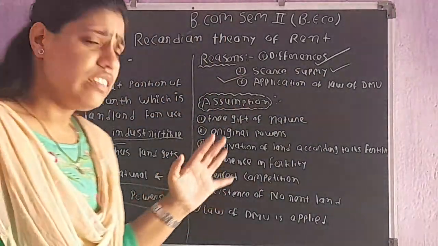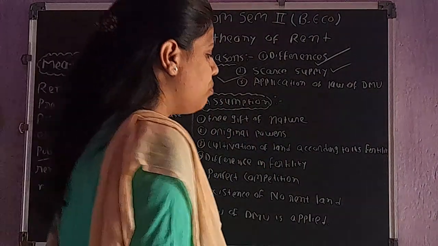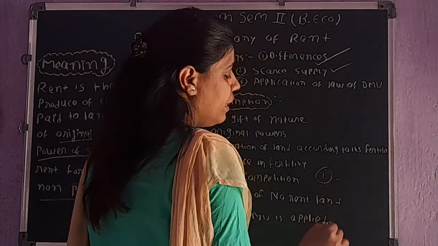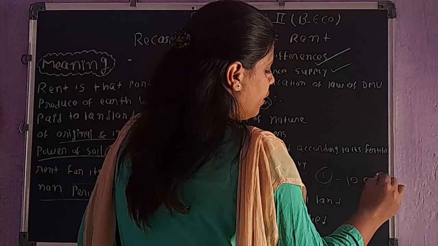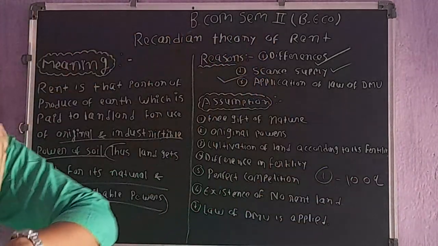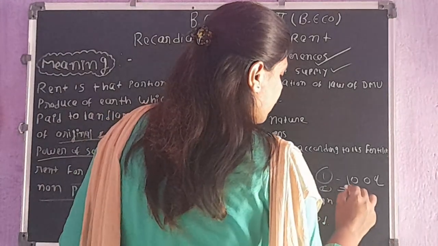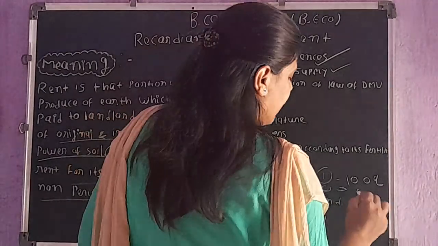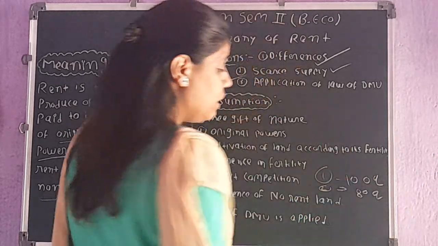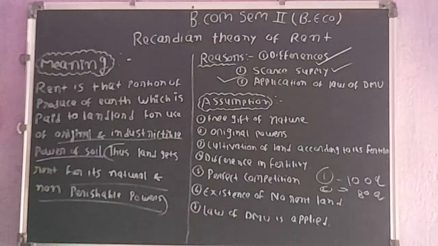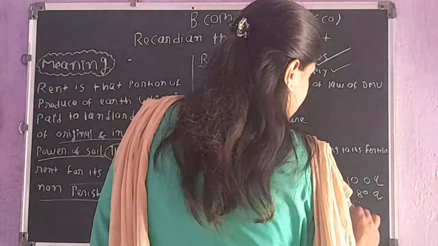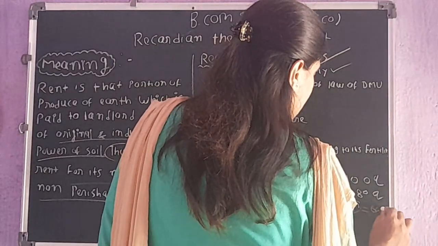See, there is a piece of land. When it is being used for the first time, it will give you 100 quintals of produce. When the same piece of land is being used for the second time, produce will diminish. Okay, it might get 80 quintals. When the same piece of land is again being used for the third time, produce may diminish further. It might be 60 quintals.